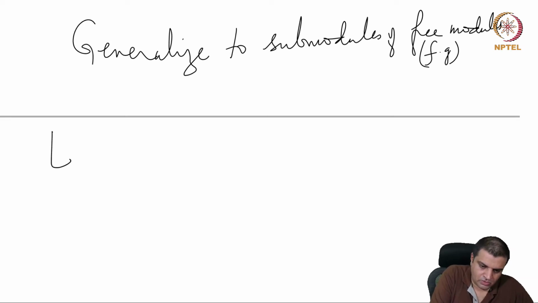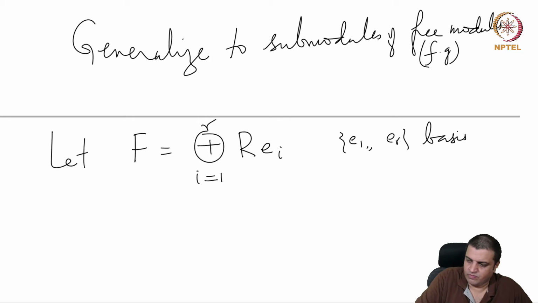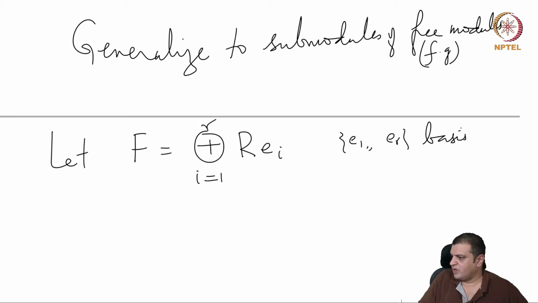Okay. So let F be a free module with a given basis of rank r. Okay. So e_1 to e_r basis. Okay.